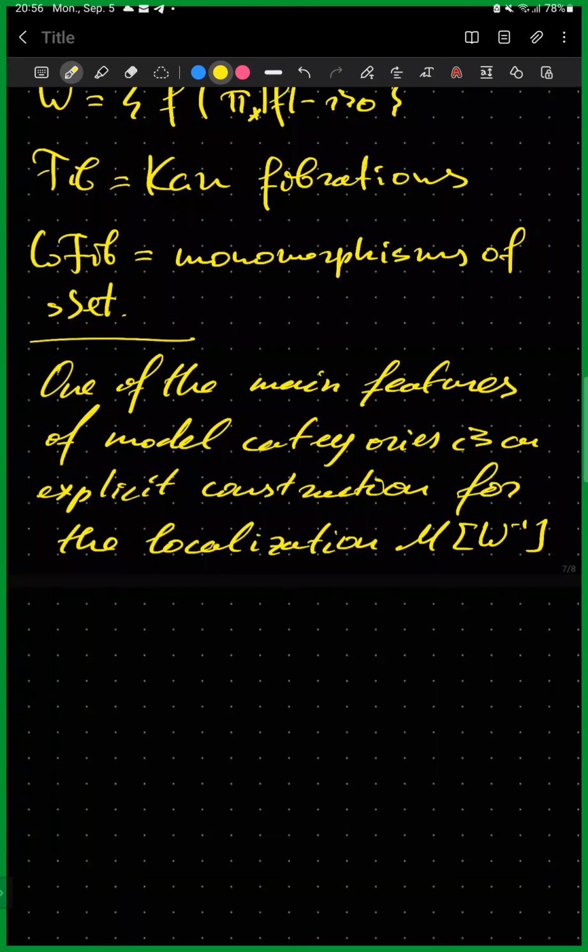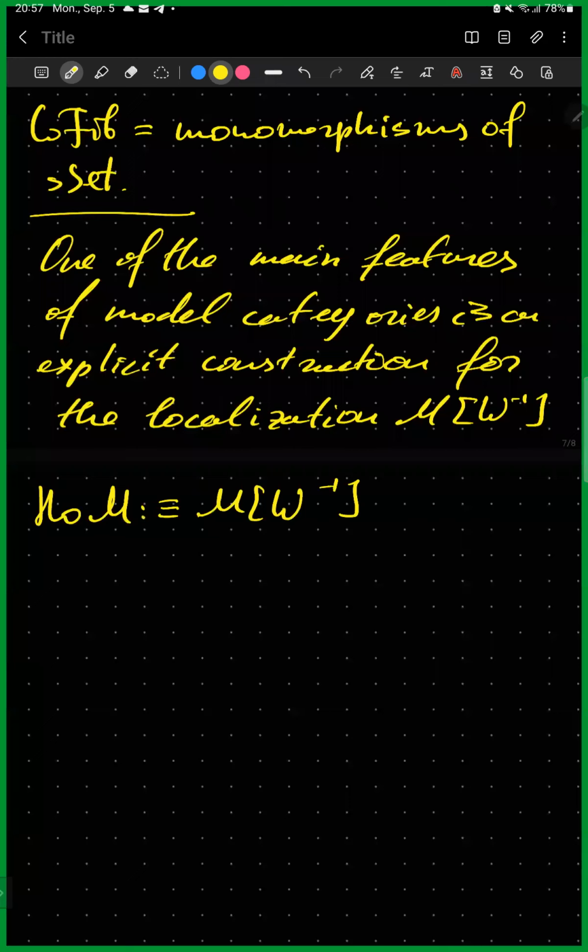And so this new localized category may not be locally small for that reason. But for model categories, we actually have a pretty decent description of Hom sets, and they're really sets in this localization, which is, by the way, sometimes written as the homotopy category of M. So this is just by definition the localization at the class of weak equivalences.